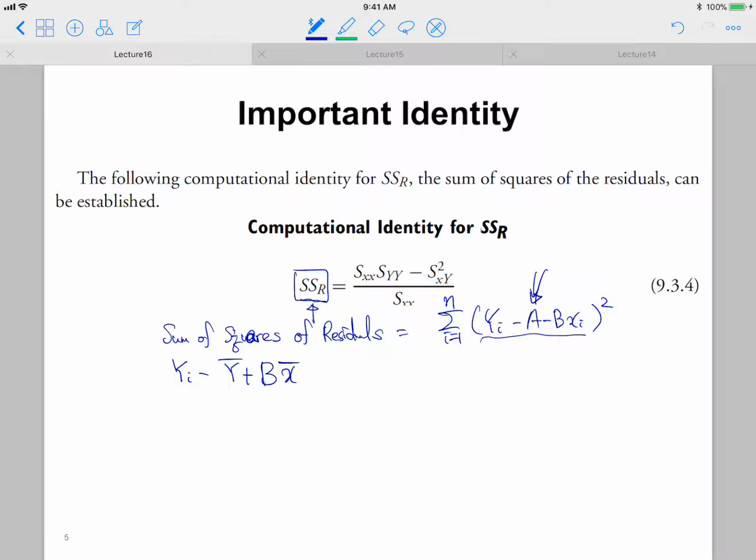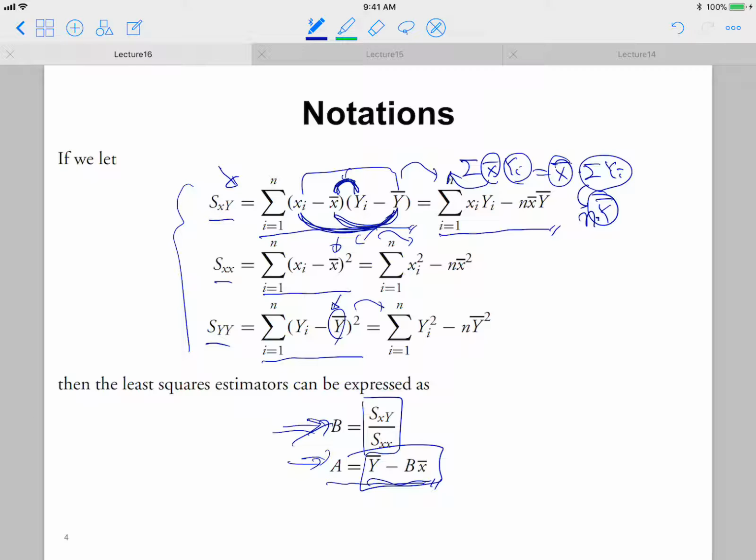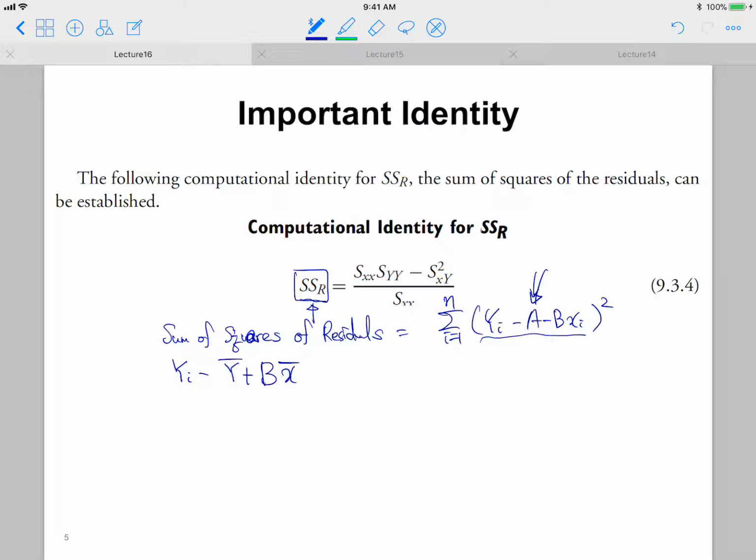So I just plugged in this A, and then we have B here, the ratio between the covariance and the variance of X, Sxx, Sxy, times xi. So these are squared and added together. By plugging them in, we have 4 different terms, which seem to be quite difficult to compute or evaluate in this squared expression.